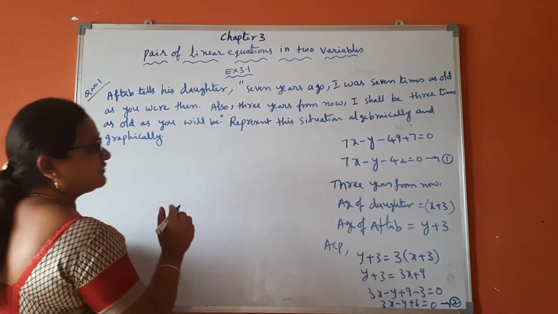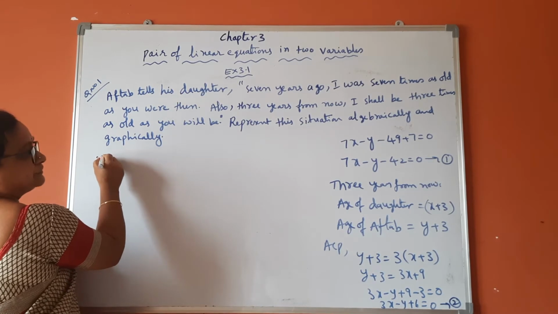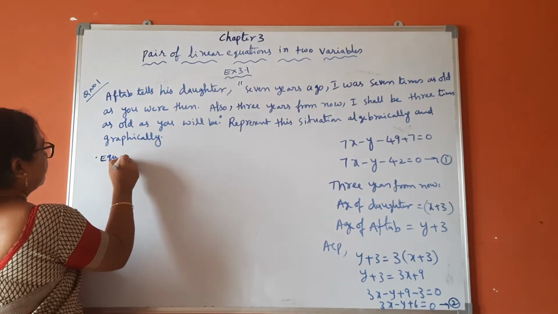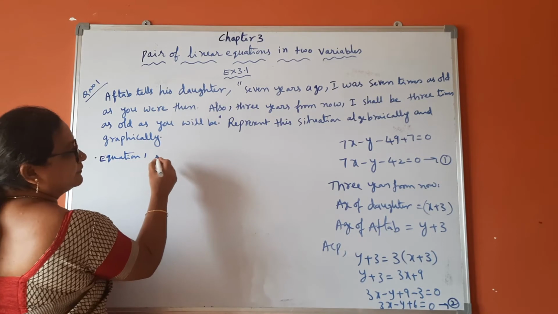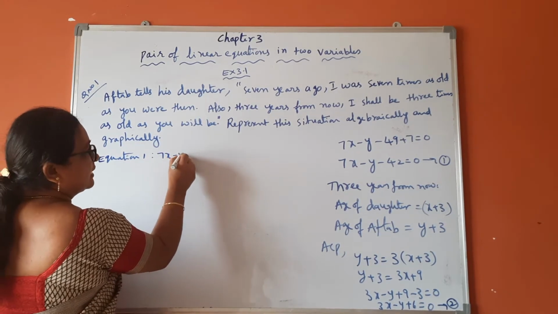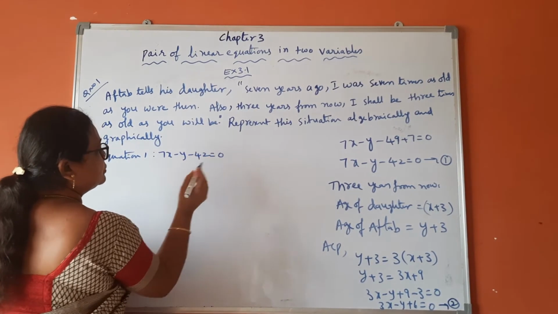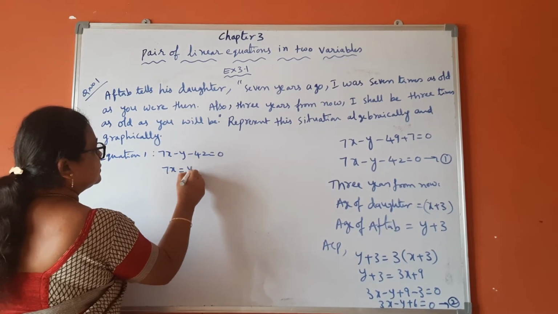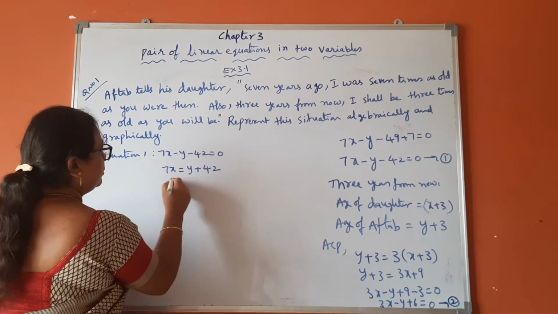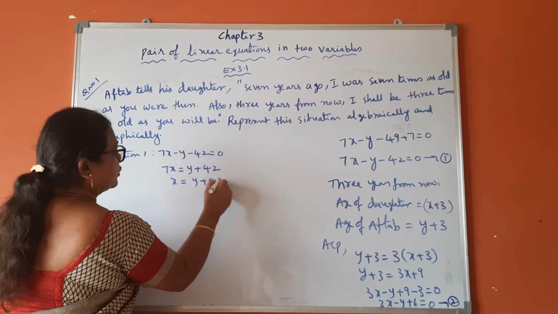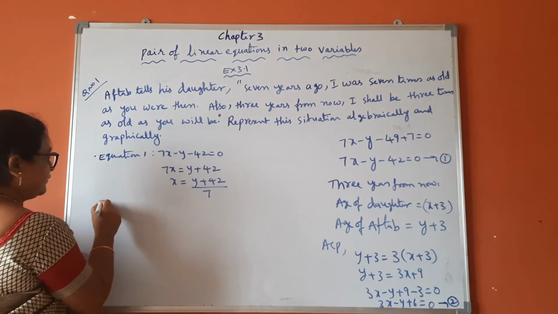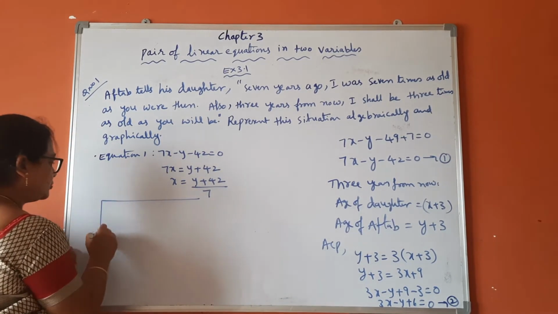So let us consider first equation, that is 7x minus y minus 42 is equal to 0. 7x is equal to y plus 42. x is equal to y plus 42 by 7. We need to find two solutions.